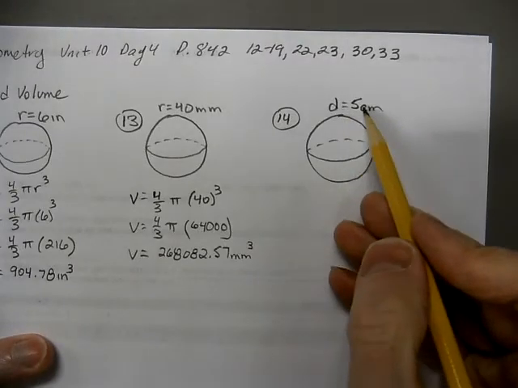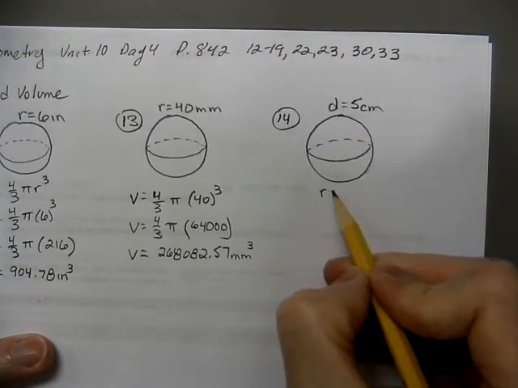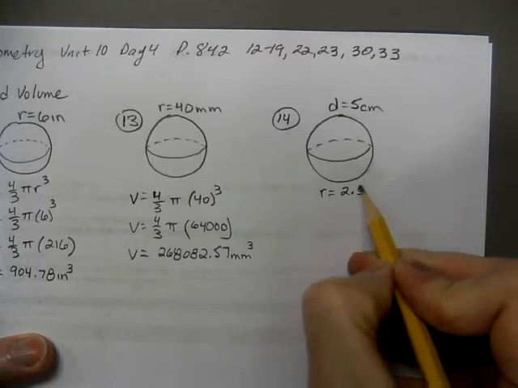In this case, we have a diameter of 5, so the radius is going to be 2.5.